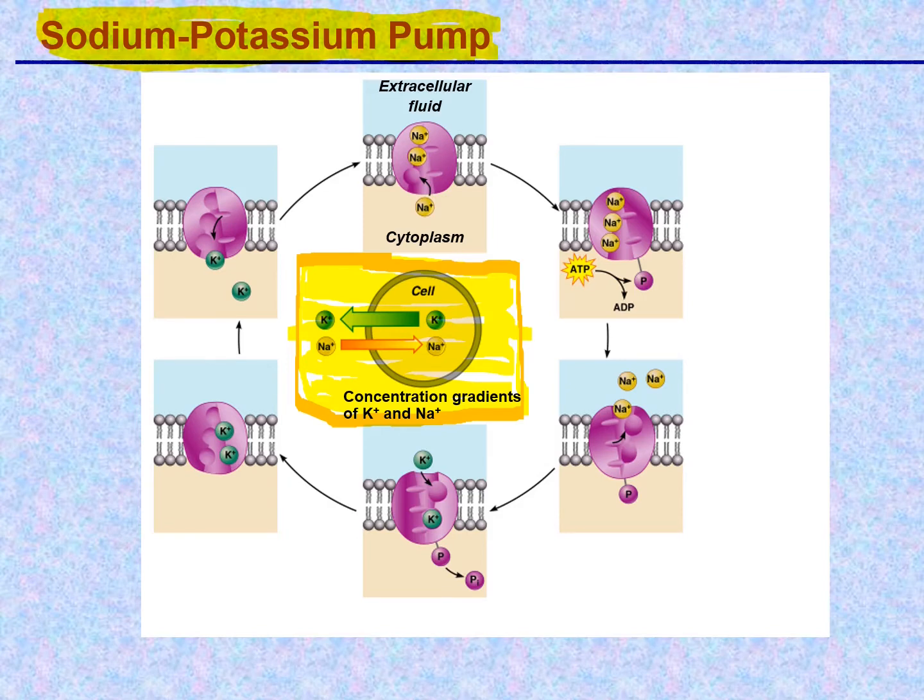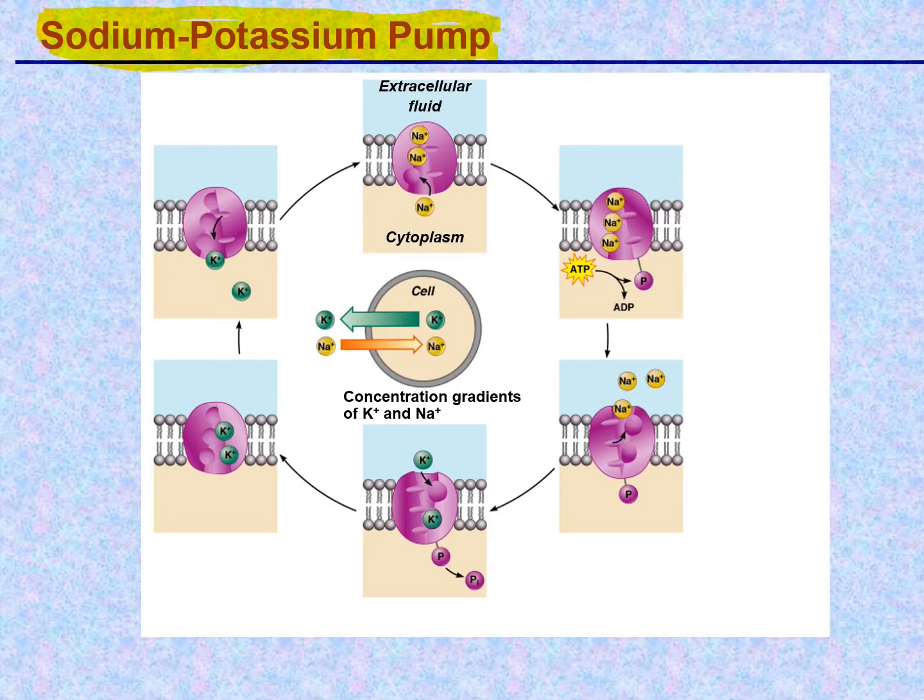So potassium gets pushed out because it's higher inside than outside, and sodium would move in through a channel because it's higher outside than in. So that's the situation in terms of passive transportation and concentration gradients. However, that situation is present because of the action of the sodium-potassium pump.